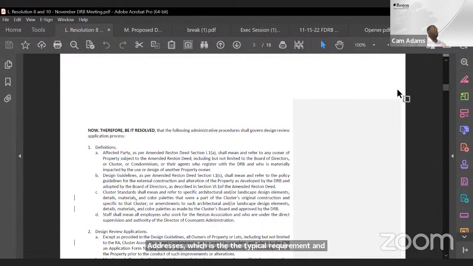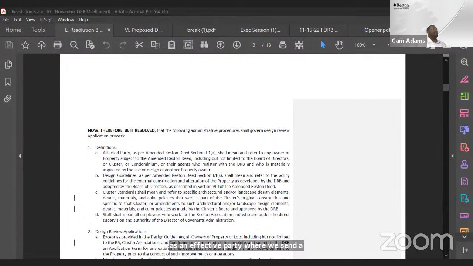But then we also do, if you're within a specified distance from this project, we send a postcard with the information on the application, and they can register as an affected party, or we send a letter.